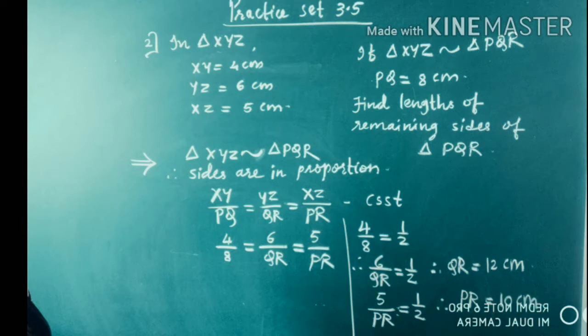We can write the ratio, that is XY upon PQ is equal to YZ upon QR is equal to XZ upon PR. Then after substituting the values here, we can see that 4 upon 8, that is XY upon PQ, that ratio is half, or 1 upon 2. So this ratio will be same, and by taking the same ratio we can find out QR is equal to 12 and PR is equal to 10 centimeter.